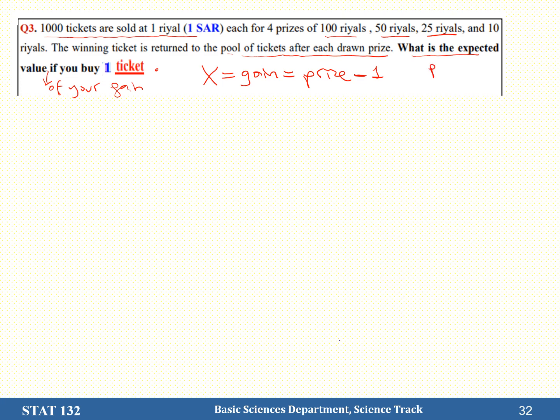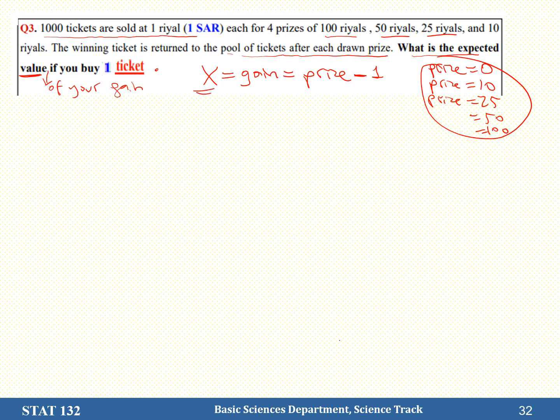So the prize can be what? You won 0 or you won 10 or 25, 50, or 100. So these are the possible prizes you get. I mean, you will get 0 or the others. Now, to find the expected value, you need to have the probability distribution for x.